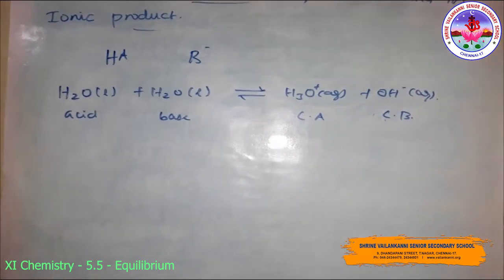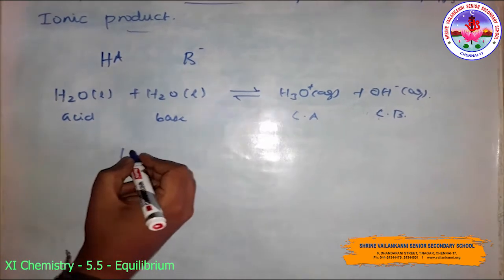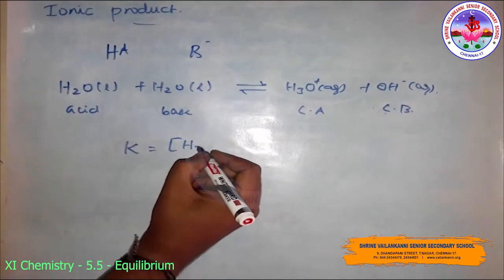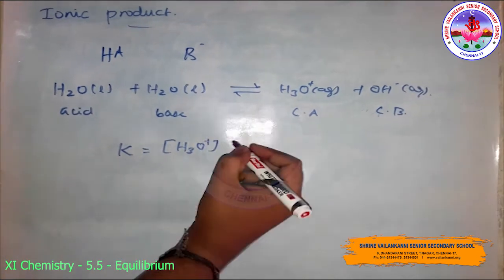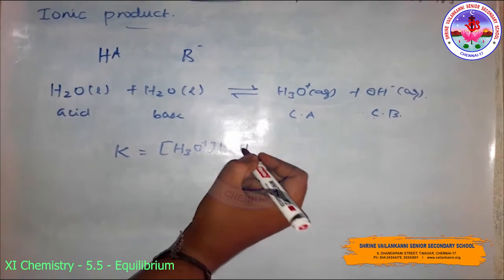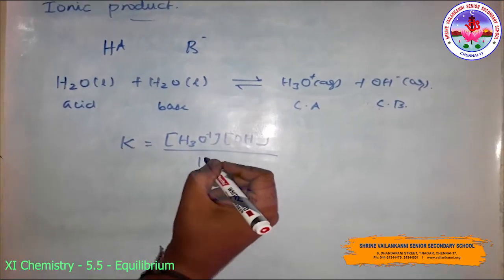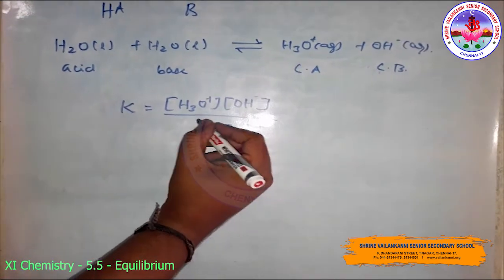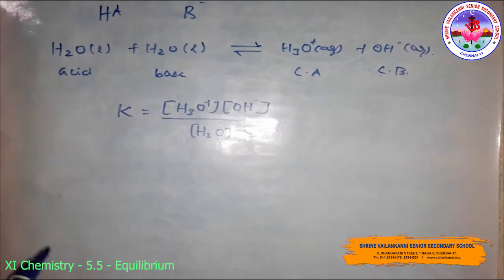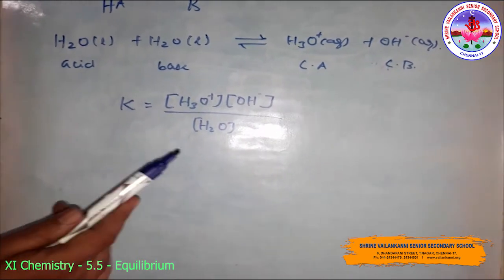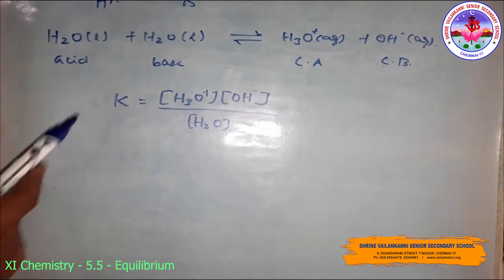The dissociation constant can be represented by K equals the concentration of H3O plus times the concentration of OH minus, divided by the concentration of the water molecule. The concentration of water is omitted from the denominator as water is a pure liquid and its concentration remains constant.